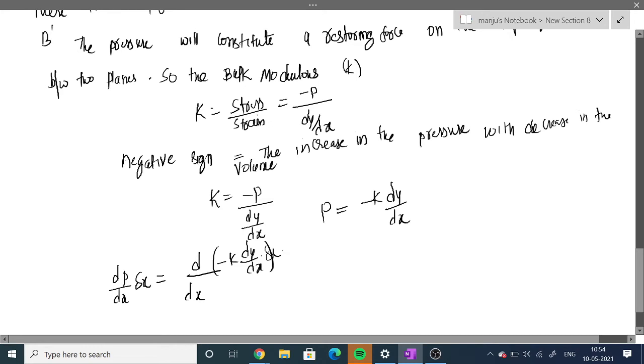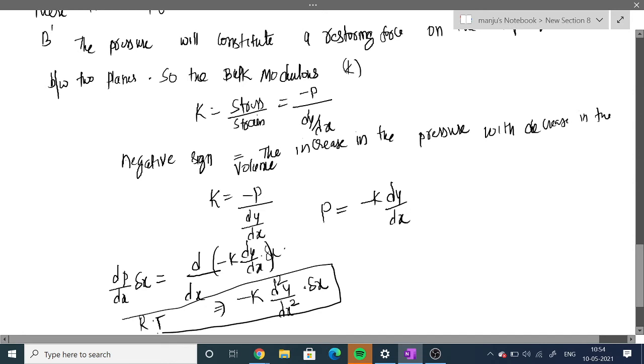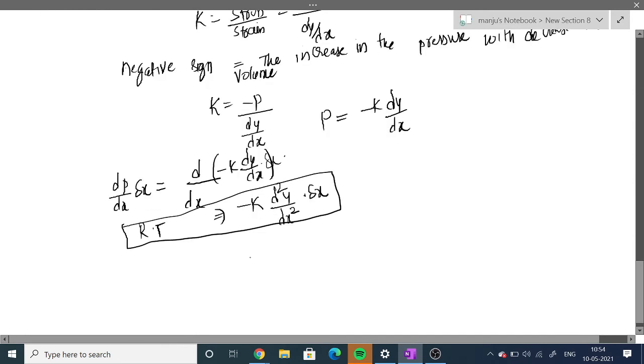So that is minus K, and as it is d by dx, it will be d square y by dx square into delta x. So this is the restoring force. The restoring force is equal to minus K d square y by dx square into delta x square.